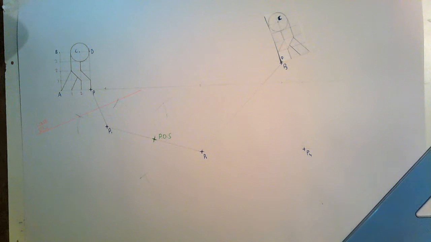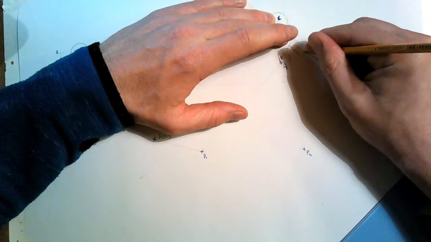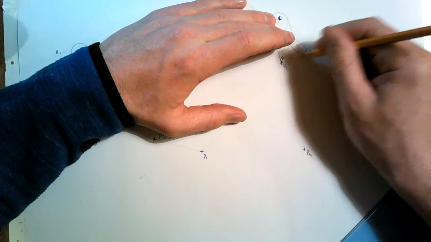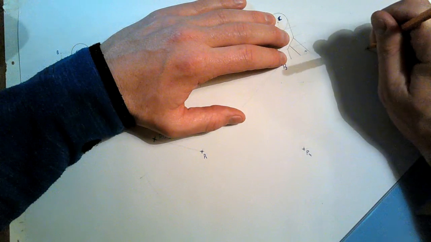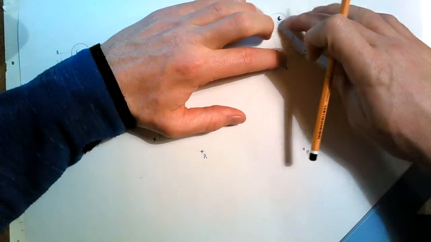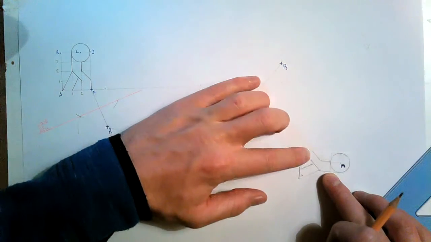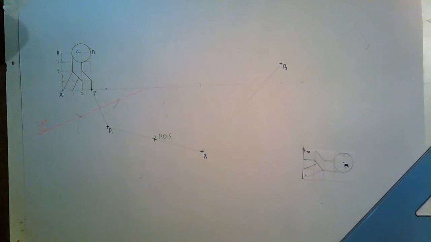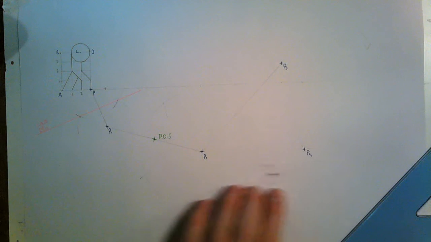Okay, so if that's PA, that's a line there, so we'll be going clockwise that way, 120 degrees. So P4 should end up somewhere like that. Visually, that's what I'll be aiming for.